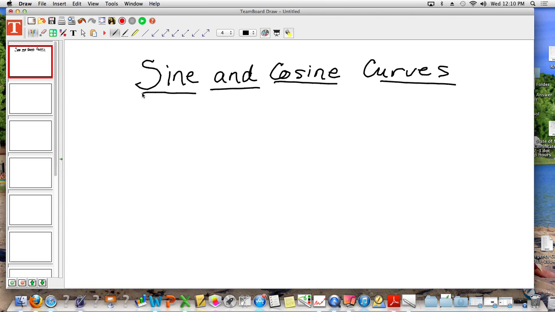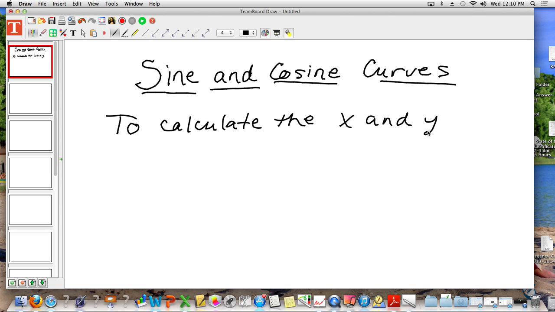So the first thing that I want you to write down is to calculate the x and y on a 1 unit circle.